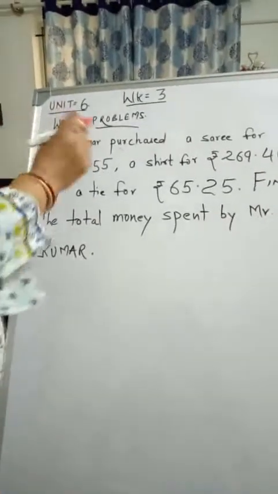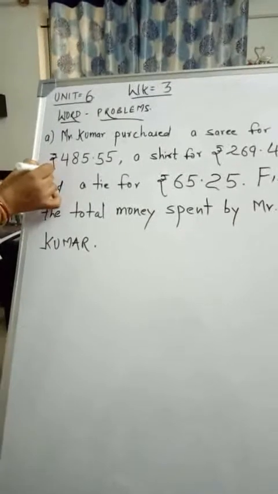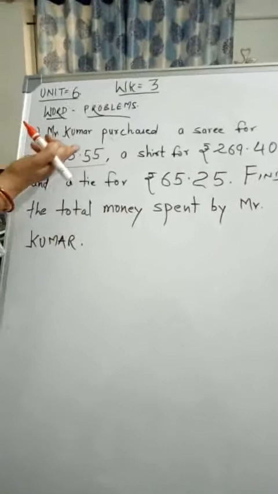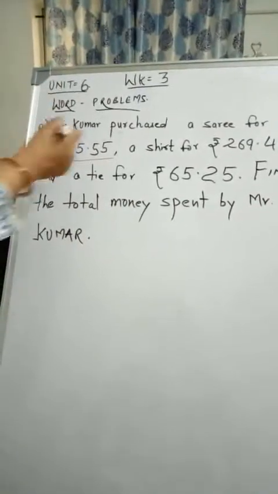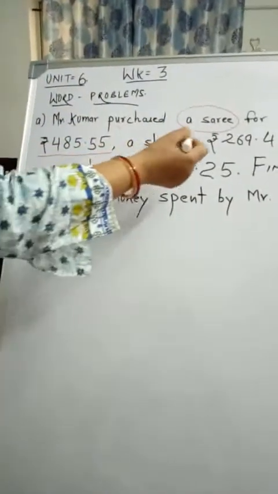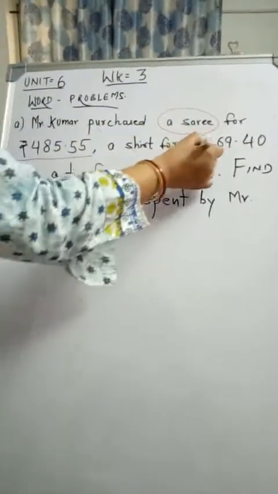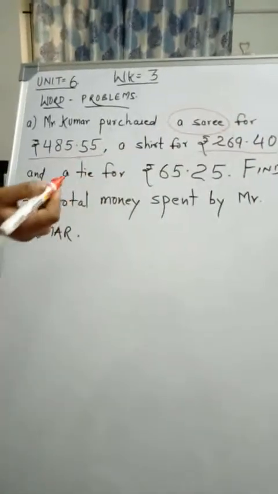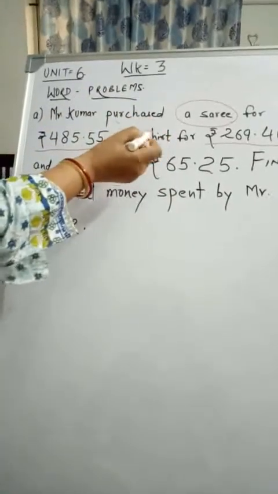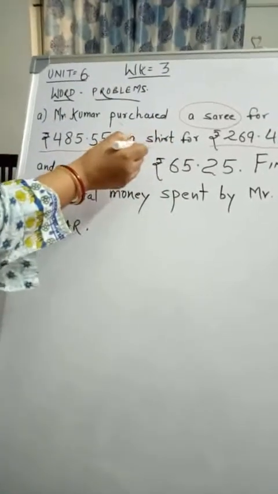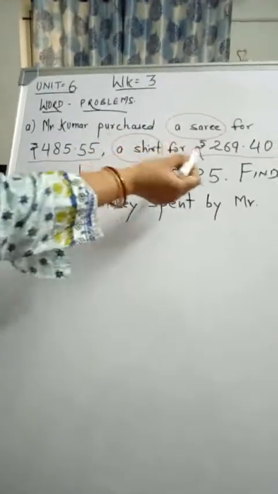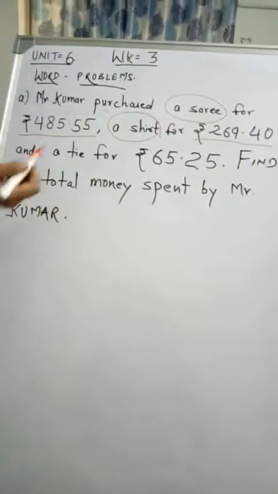Mr. Kumar purchased something for rupees 485.55. What did he purchase? He purchased a sari. First punch line. Second one, a shirt for 269.40. He spent 269.40 rupees while purchasing the shirt.